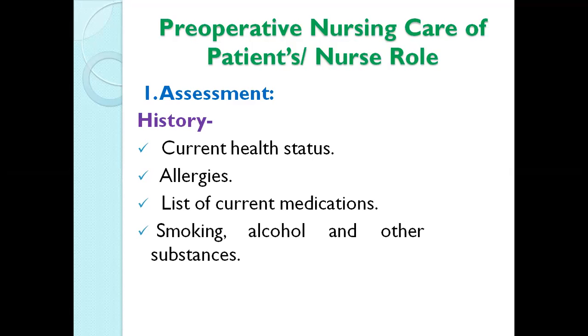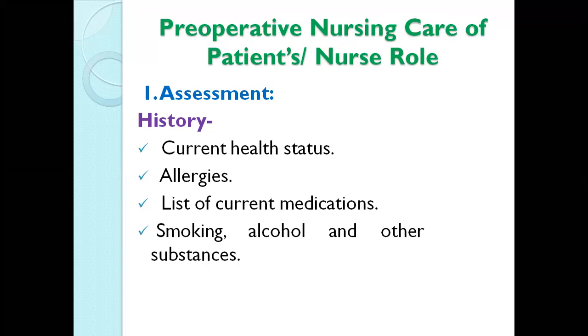Then we will also ask the patient for a list of current medications. This is especially important because some medications might affect the surgical process. Some individuals who have a thyroid problem, especially hypothyroid, always take medication. They take a daily medication of thyronorm.